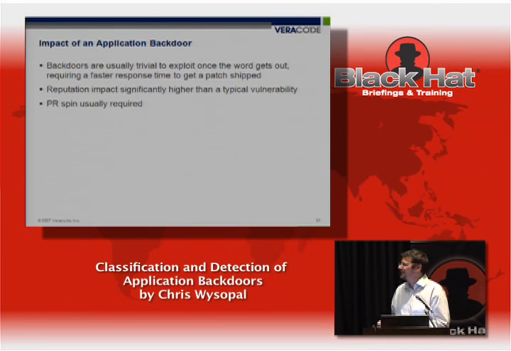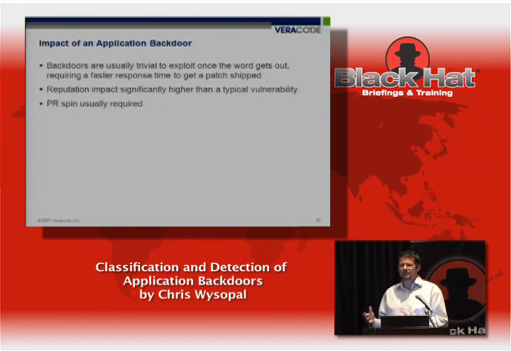And interestingly enough, because I'm always looking into how companies react to news that their products are insecure, I found that when a backdoor is discovered, or people claim that a vulnerability is really a backdoor that someone put in, it's looked at as a more serious problem with that company's software, because it really looks like they don't have control of their whole software development process.